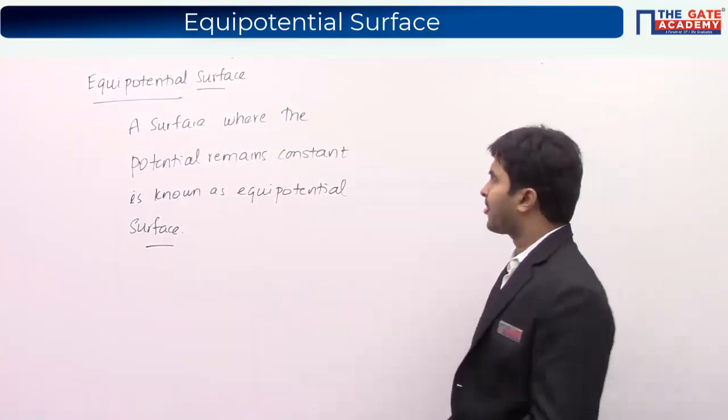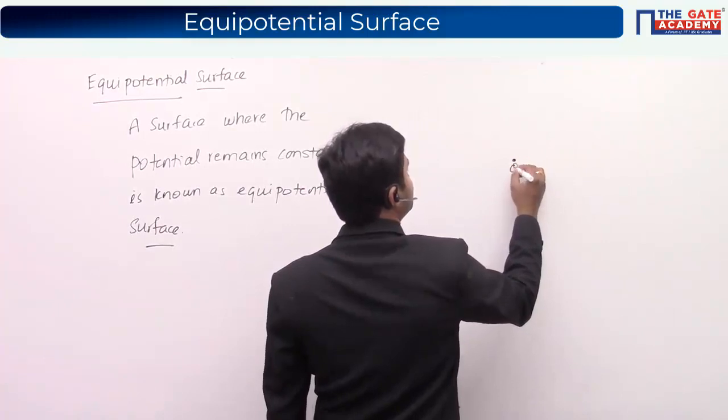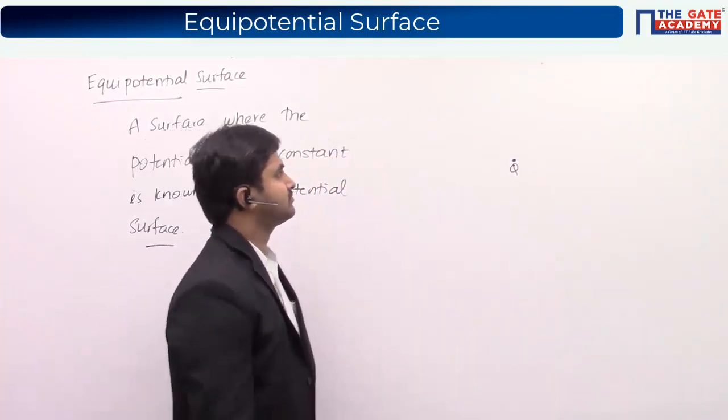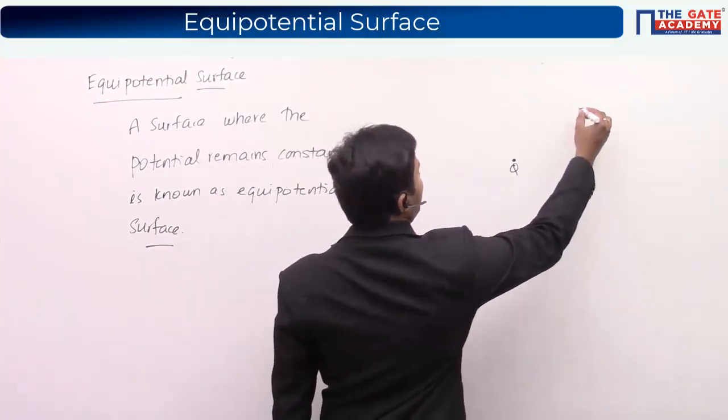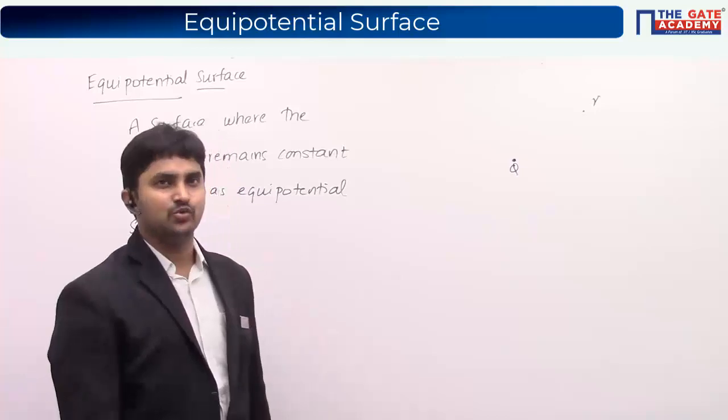Now, we know that if I consider a point charge Q, and a point at a distance of r, what is the potential value?